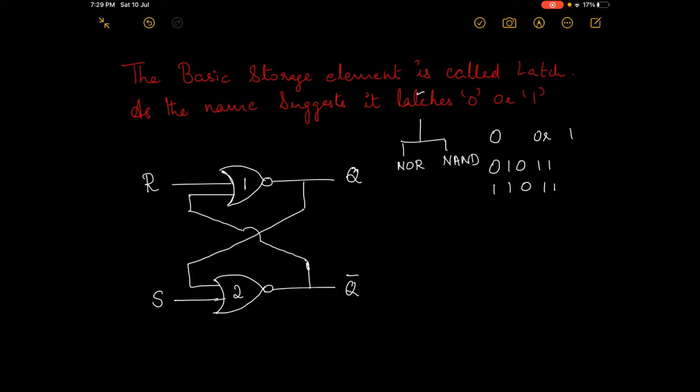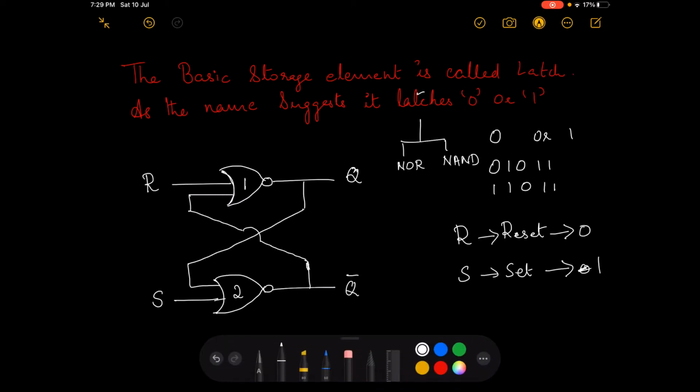But in this case, if I change the input, which are the inputs here? R and S are the inputs. R means reset and S is set. In digital electronics, reset means 0 and set means 1.